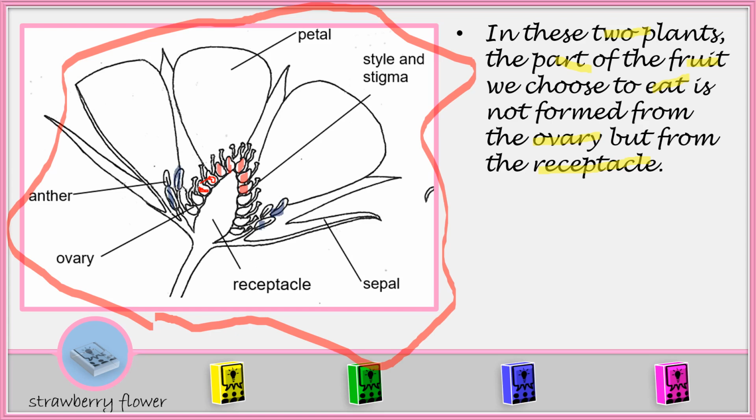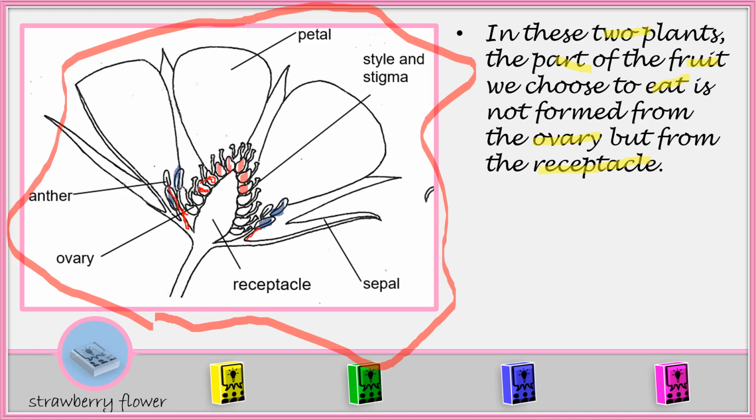Those are anther heads, attached on the filament, which you see moving down. That is a filament. It goes and attaches itself on the petal. So those are the anthers, or what we can call the stamen.